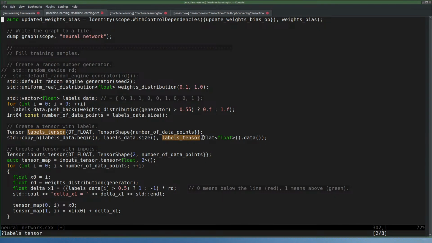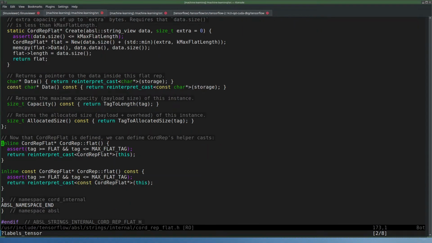Could use the flat thing, but I think there's a vector as well. Seems the most logical thing to do then.